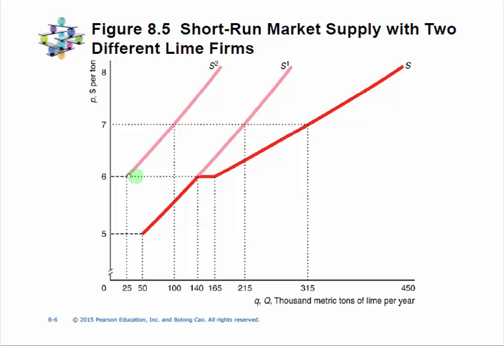So for prices above $6, we can again sum up the quantity supplied by the 2 firms to reach this market supply curve. So you see, when the costs are different between the 2 firms or between different firms, there might be a flat portion in the market supply curve.